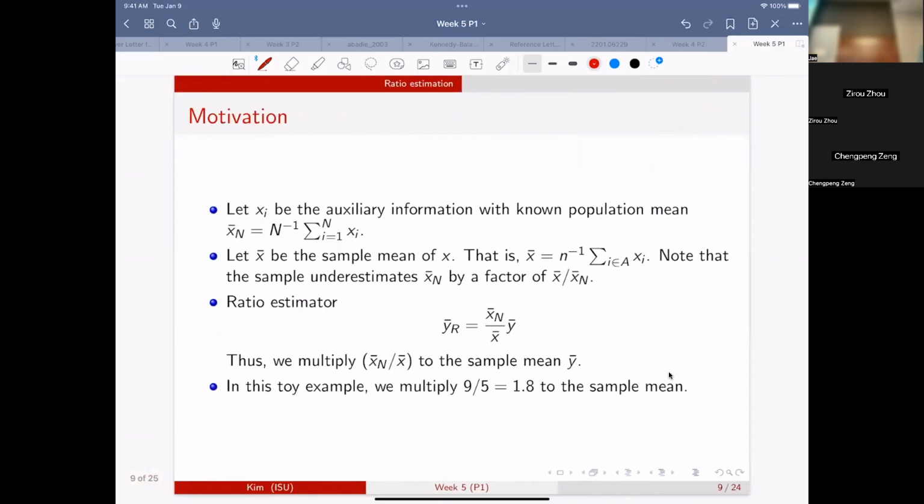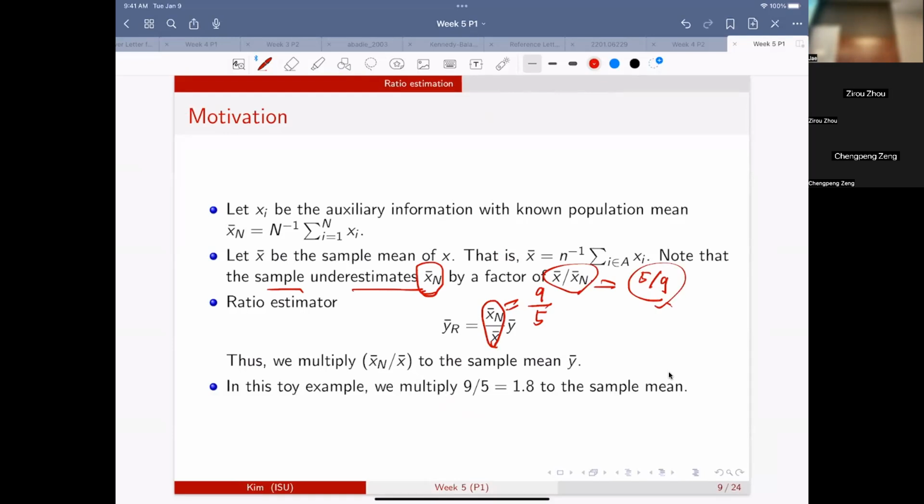So one idea is, okay, I know this is 9 divided by 5. So the sample underestimates x bar by a factor of 5/9. Then I want to recover it by applying the ratio, which is multiplying by 9/5.